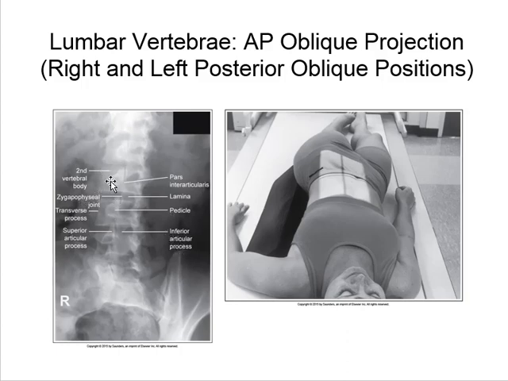If your nose is sticking out from under the body of the vertebra, it means you're not lateral enough. You're too AP. If on the other hand you're over rotated, then your nose is back inside of the body. So you want the nose right at the very edge of the body. It actually looks like they're ever so slightly under rotated here. I wouldn't repeat this, but it does look like the nose is sticking out just a little bit.